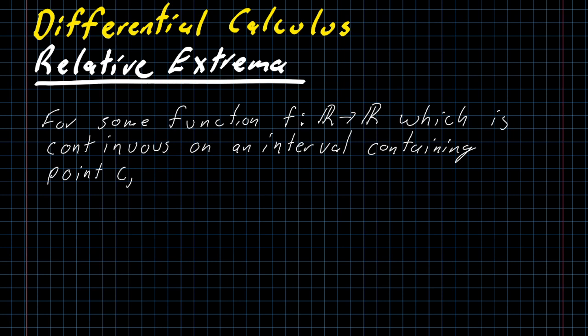For some function f, a real-valued function which is continuous on an interval, and the only thing we care about the interval is that there is a point C in the interval.